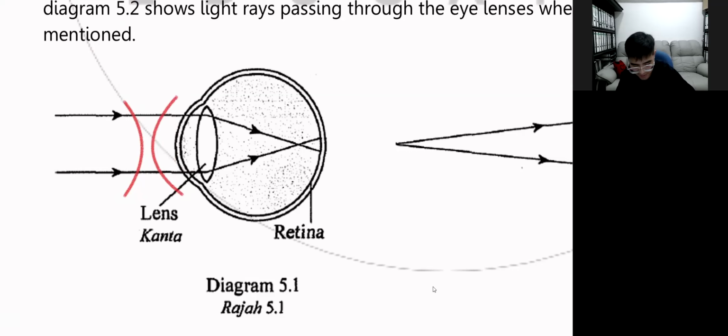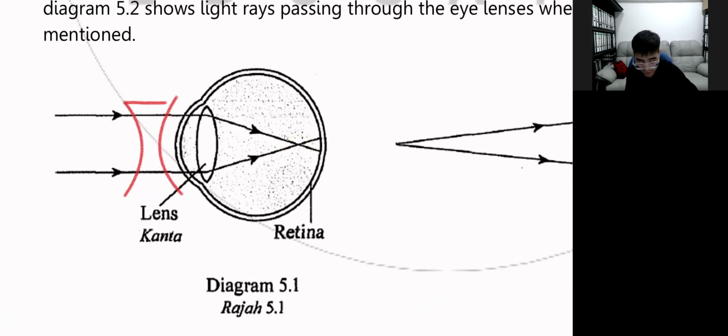The reason why they have short-sightedness is because the light rays form too early in front of the eye. The light rays are supposed to form on the retina. So if it's too early, we need people who have short-sightedness to wear a concave lens.